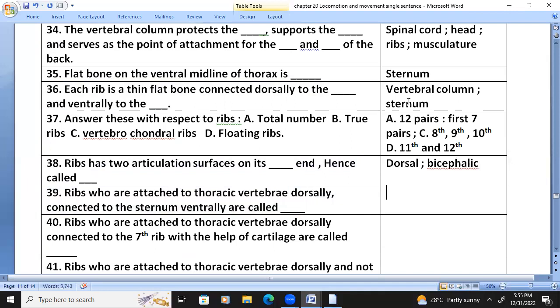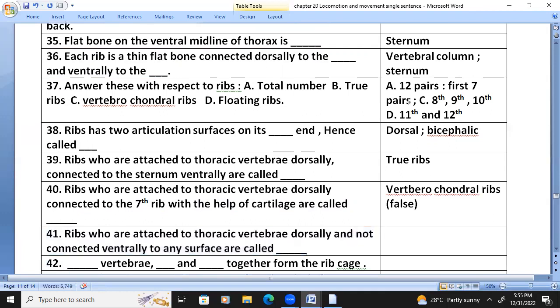Ribs attached to the thoracic vertebrae dorsally and connected to the sternum ventrally are called true ribs. Ribs attached to the thoracic vertebrae dorsally and connected to the seventh rib with the help of cartilage are called vertebrochondral ribs, or false ribs. Ribs attached to the thoracic vertebrae dorsally and not connected ventrally to any surface are called floating ribs.